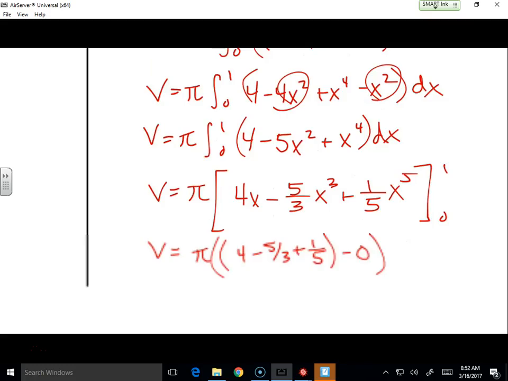At the end of the day, I would just say common denominators, which kind of stinks, but it's possible. I see 15ths, right? So I could say 3/15, I could say times 5 minus 25/15, and I could say 4 times 15 is 60/15. Double check my math real quick.